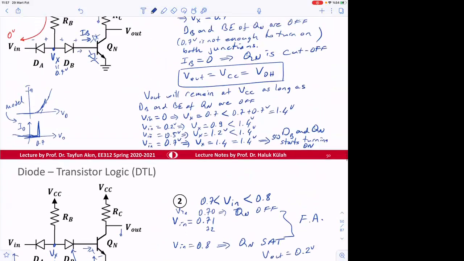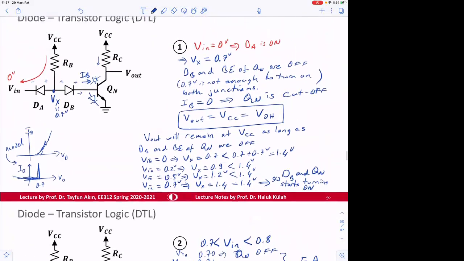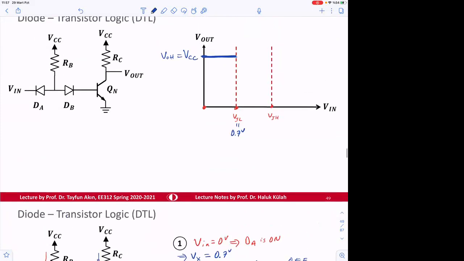From here to here there's going to be a very sharp transition. So when this goes to 0.2 and Qn becomes saturated, this is 0.8.